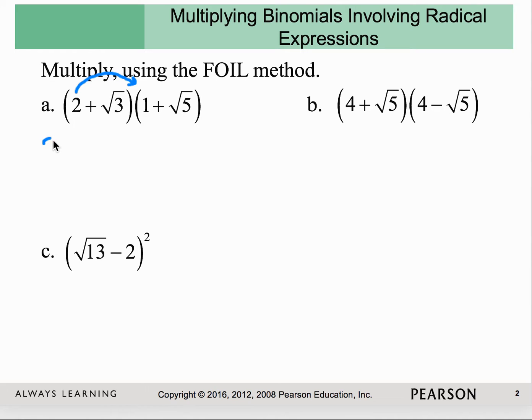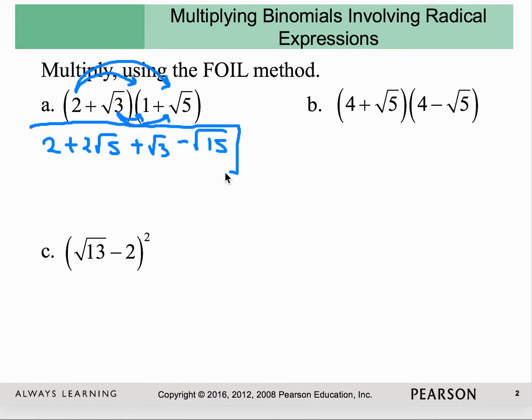All right, so this would be 2 plus 2 square roots of 5 plus 1 square root of 3 minus square root of 15. Okay, none of these will simplify. That's only 5 times 3. None of them are alike, so I can't do anything further with that.